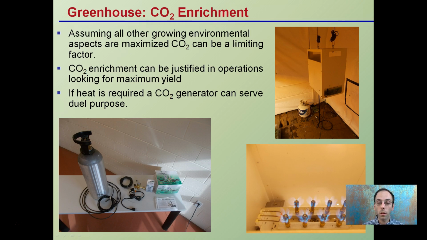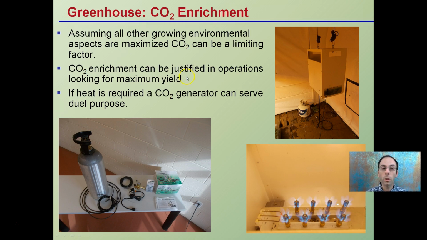CO2 enrichment: assuming that all of the growing environment aspects are maximized, only then does CO2 become the limiting factor. If you don't have enough light or enough heat or enough nutrients, those can all negatively impact plants. If all those are maxed out and you're looking for the next step up, then you can consider CO2 enrichment. This is justified in operations looking for maximum yield.